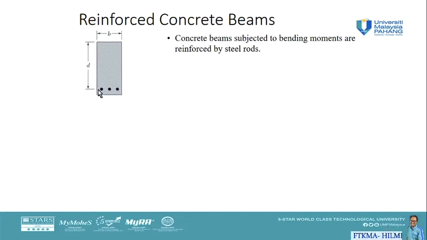Since concrete is very weak in tension, it is going to crack below the neutral surface, and the steel rods are going to carry the entire tensile load. So the steel rod will carry the tensile, and the concrete part is going to carry the compressive load.